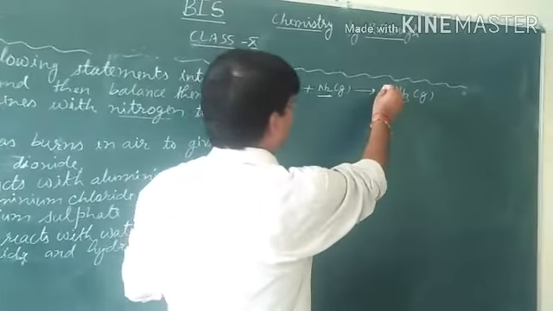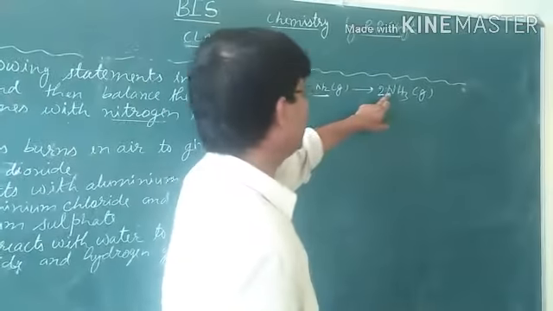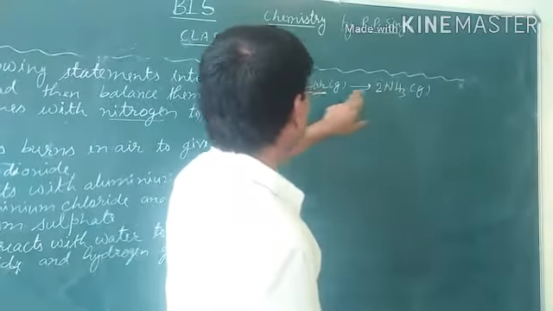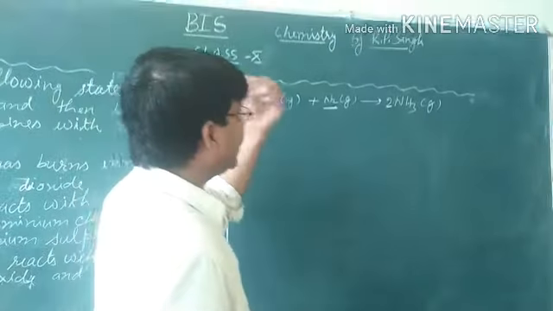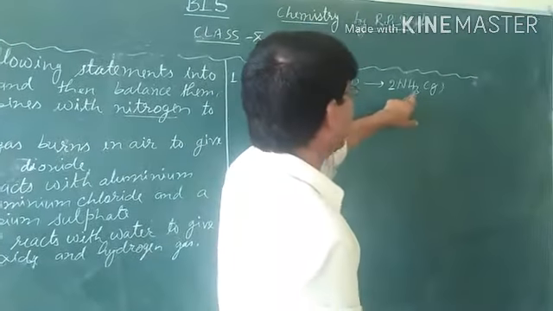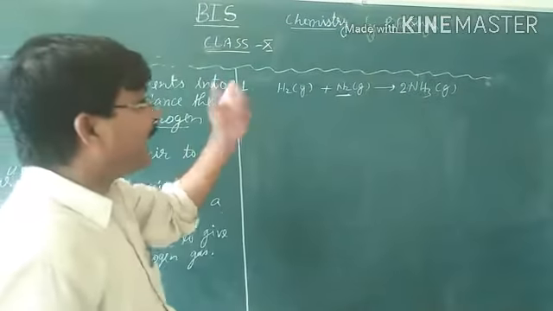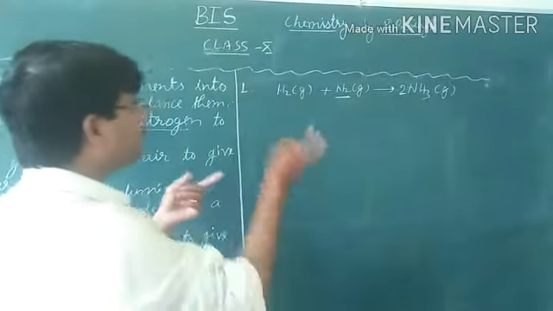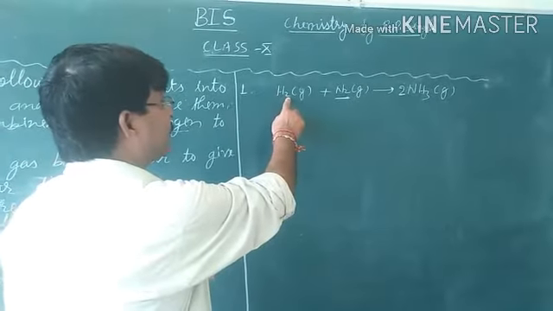So we will multiply ammonia by 2. Now 2 nitrogen and 2 nitrogen. But a new problem has occurred. 2 threes are 6, so 6 hydrogen atoms are present on the product side, but on the reactant side there are only 2.